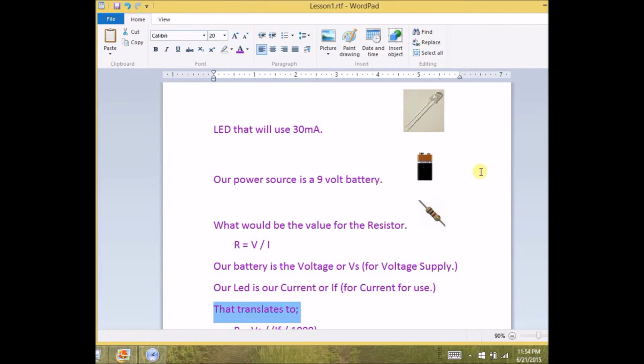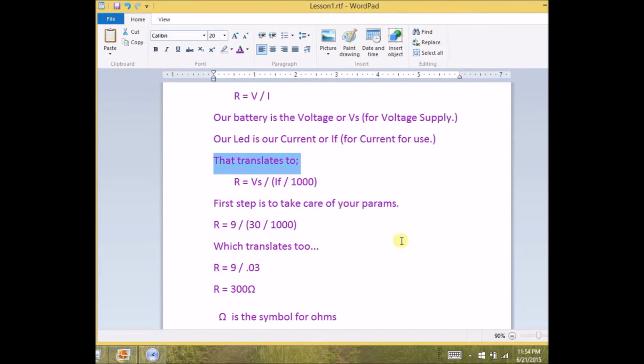We know that our LED is 30 milliamps. That's not going to change. That's how the factory sent it out. It's the same thing with the 9-volt battery. That's not going to change. Well, I guess you could actually use a battery with a different voltage. But the resistor, that's what it's for. You would use different resistors in order to control the electricity so it doesn't blow out the LED.